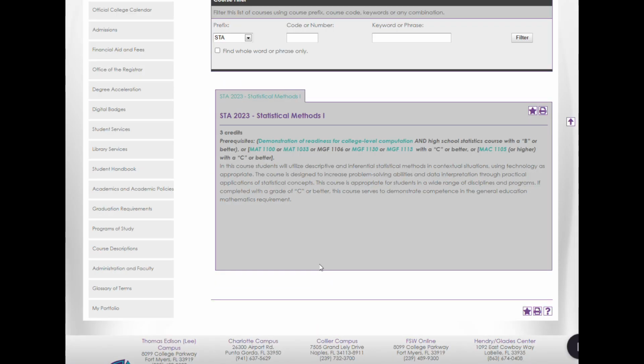If I click on that, it says prerequisites: MAT 1100, we don't teach it; MAT 1033, this class; or MGF 1130, and I don't even know what that class is, with a C or better. You could take college algebra, or you would see it better. But again, to me, you're going in at the same level to get to stats.